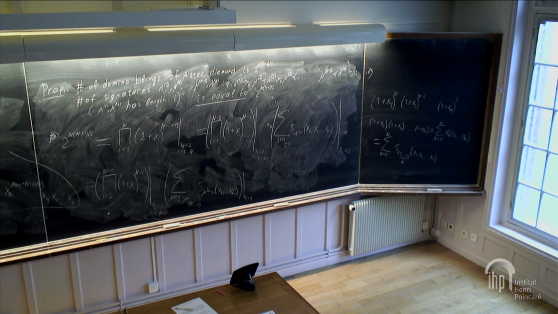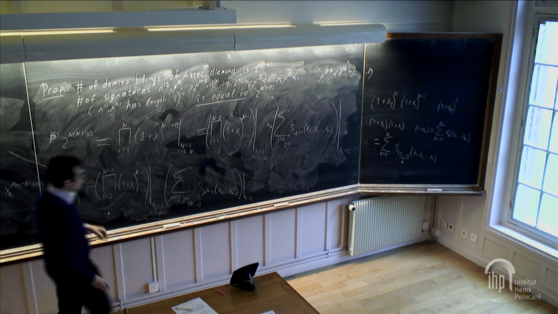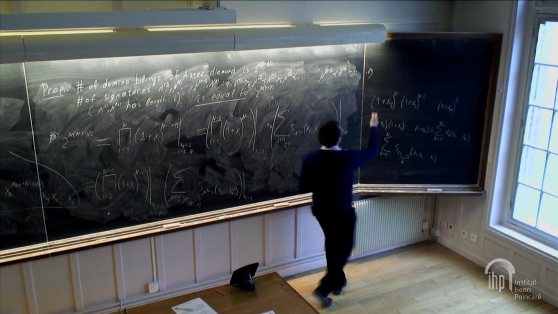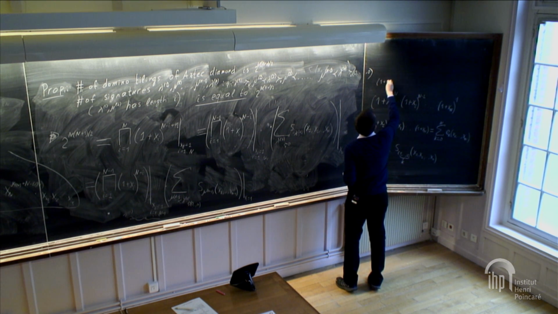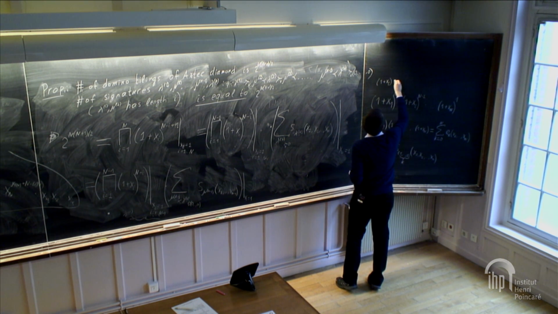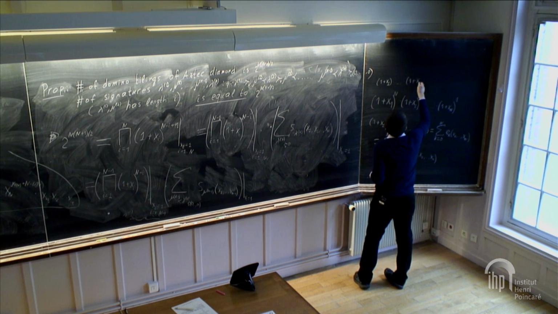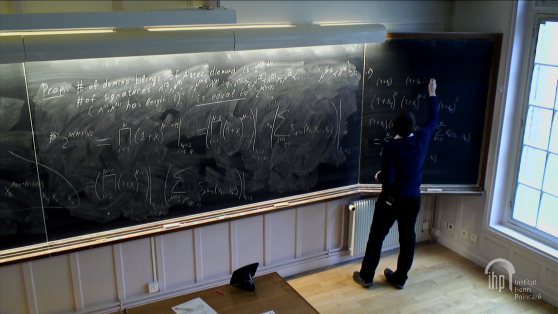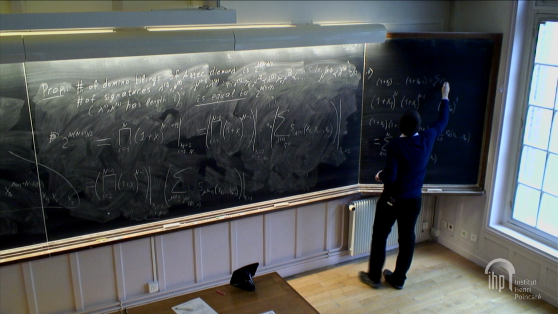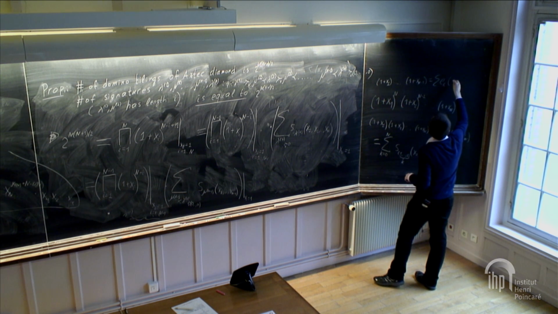So now we will just repeat these steps. I will write 1 plus x1 through 1 plus xn minus 1 as a sum over elementary symmetric functions in x1 through xn minus 1.